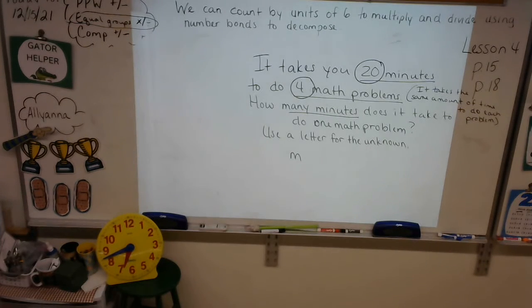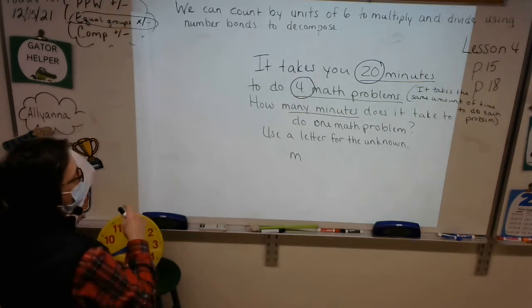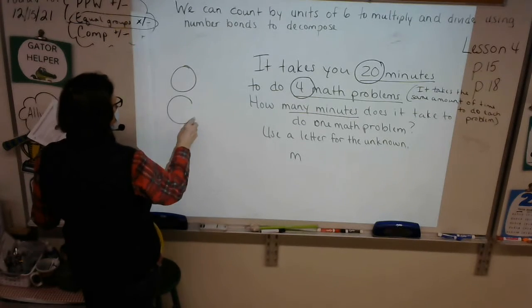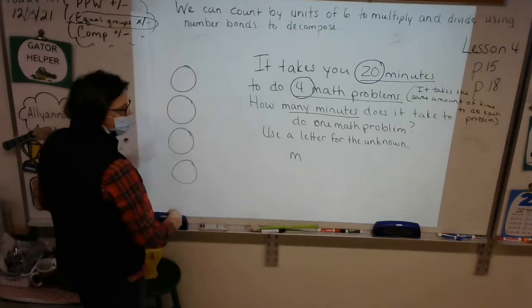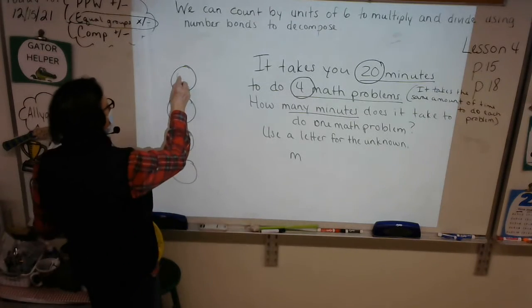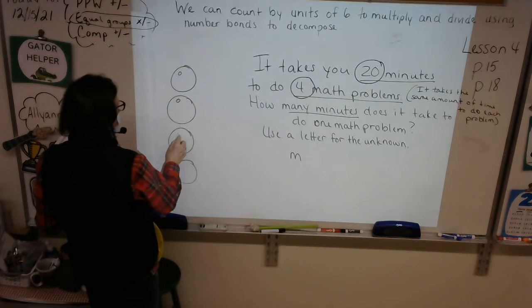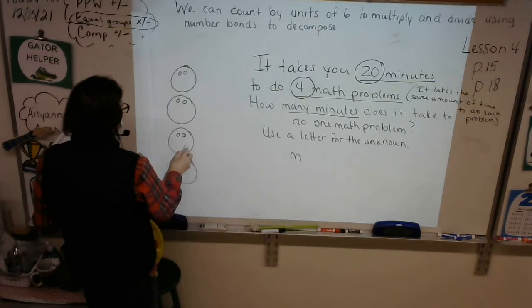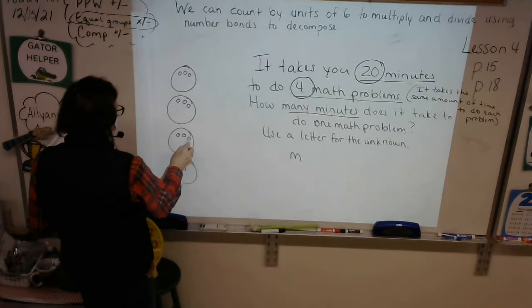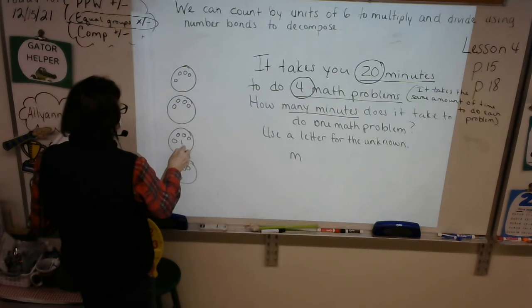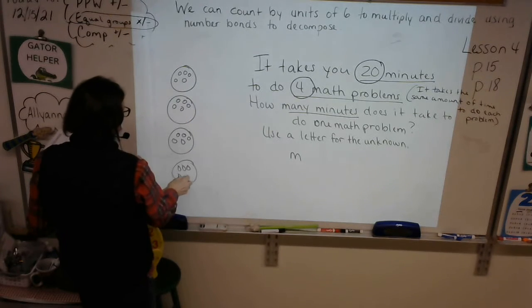All right, we might not be ready for this exit ticket, so I'm going to go through this. You need to draw. If I were taking a picture of this, I would do 4 math problems. I would probably just do something like this. I like my circle. It takes 20 minutes, the same amount of time for each one. So I'm going to do 1, 2, 3, 4. What is this I'm doing? Fair share. 12, 13, 14, 15, 16, 17, 18, 19, 20.